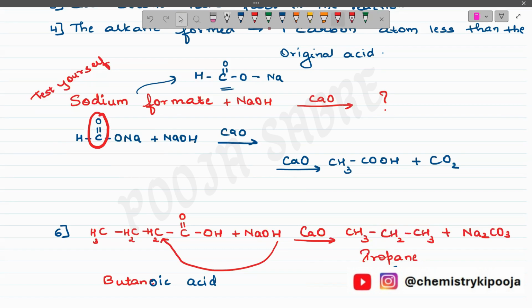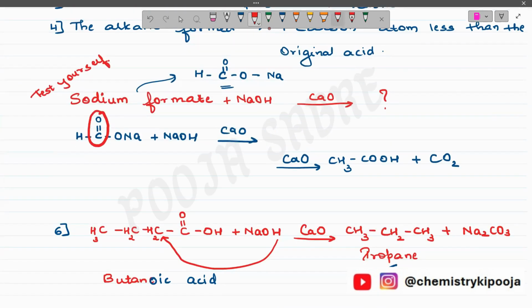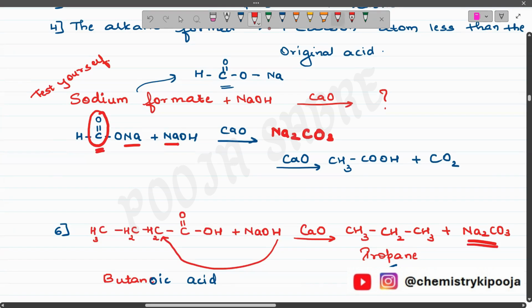So what we are going to do is, first we are going to remove Na2CO3, because in all the reactions we have seen, we prepared Na2CO3 as a byproduct. So how am I going to remove it? This is Na2, then we have C, and then 3 oxygen.